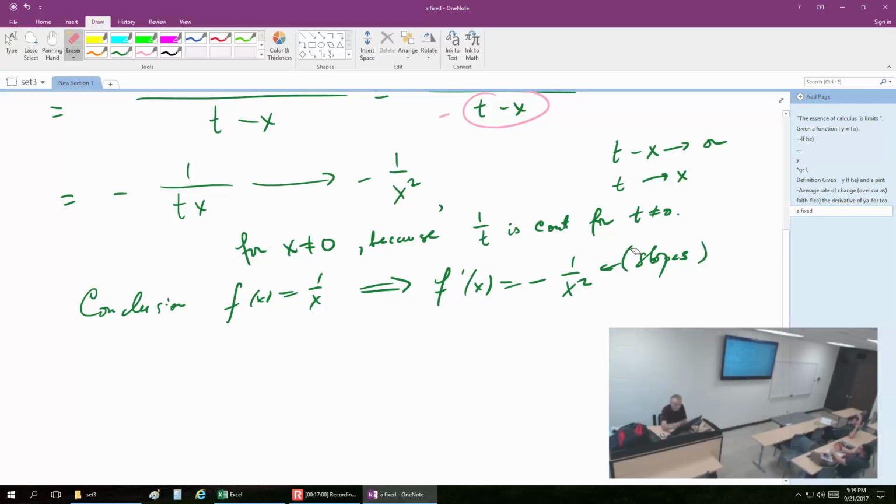Algebraically, what does negative 1 over x squared tell you? It's always going to be negative. Always negative, so the slope is always negative. All slopes are negative.